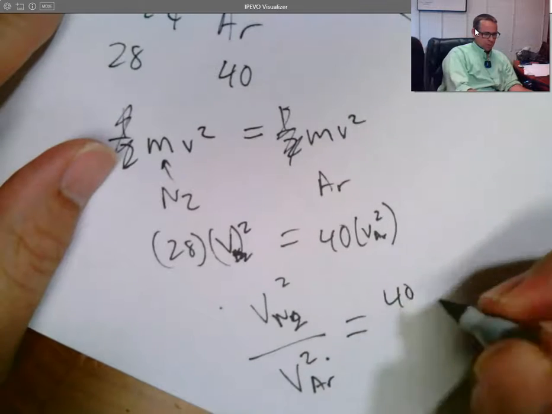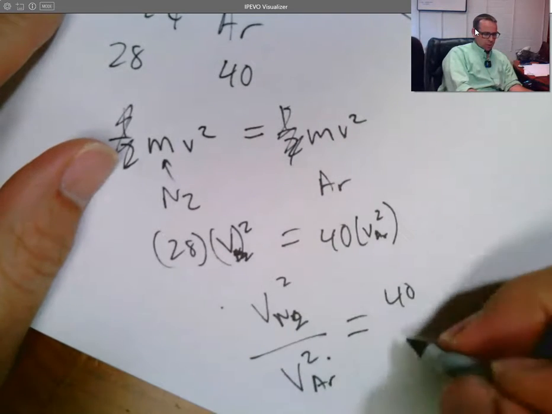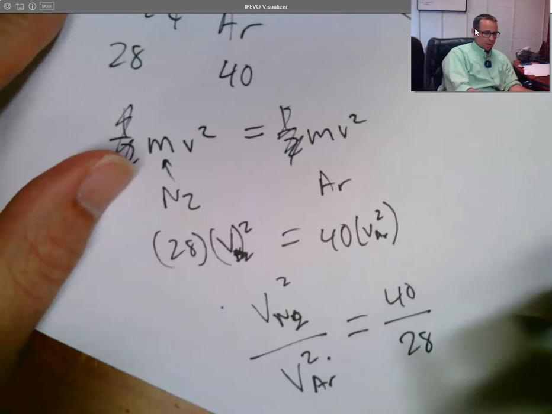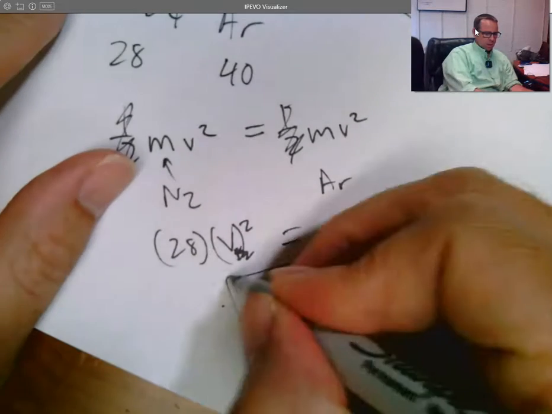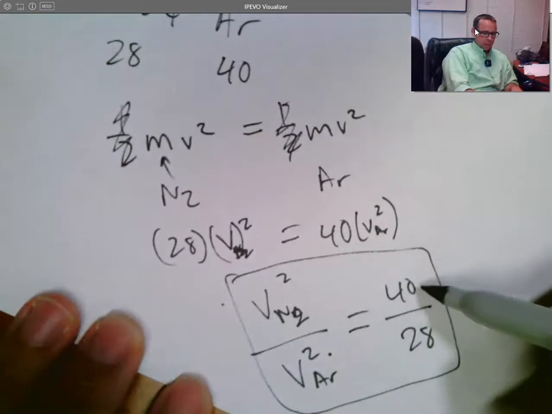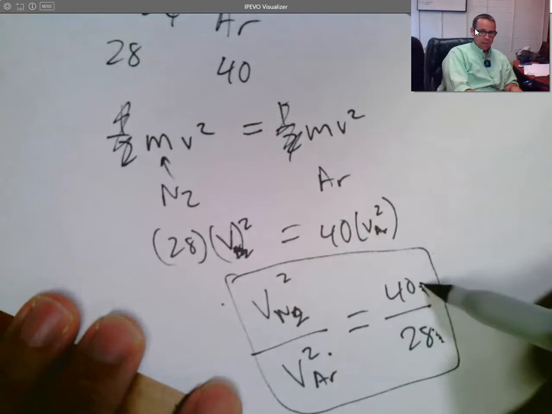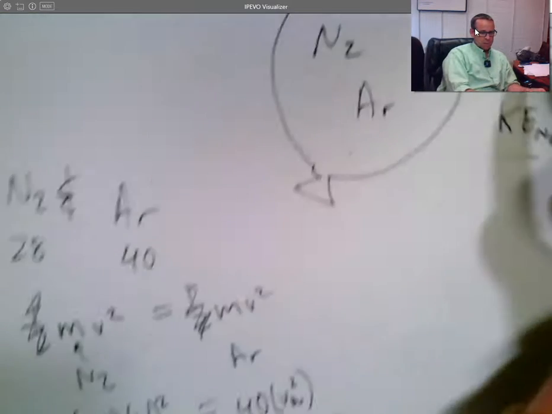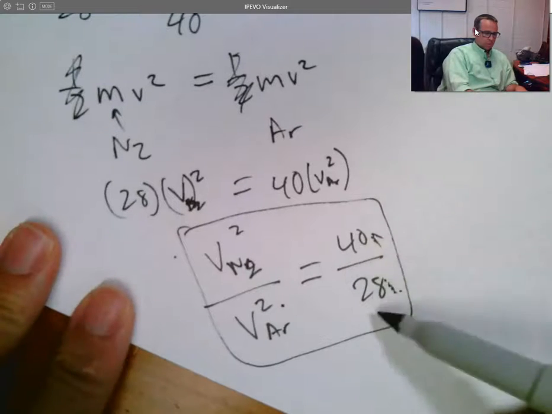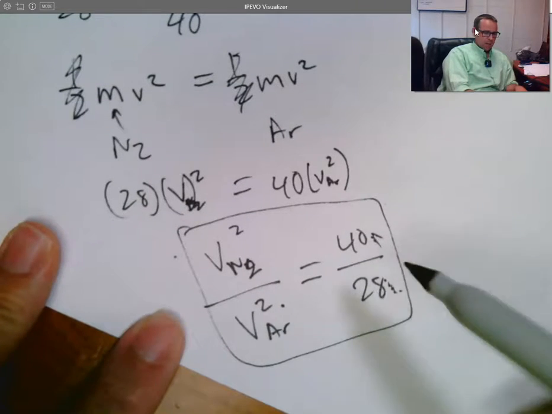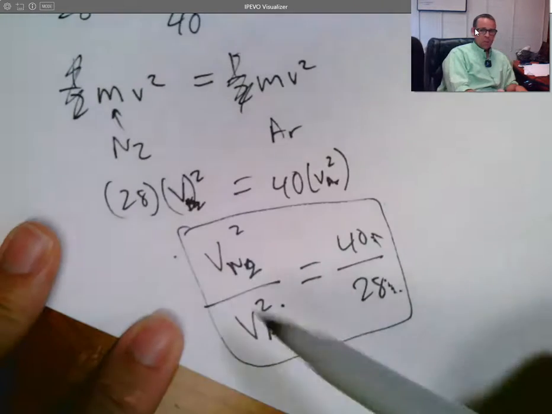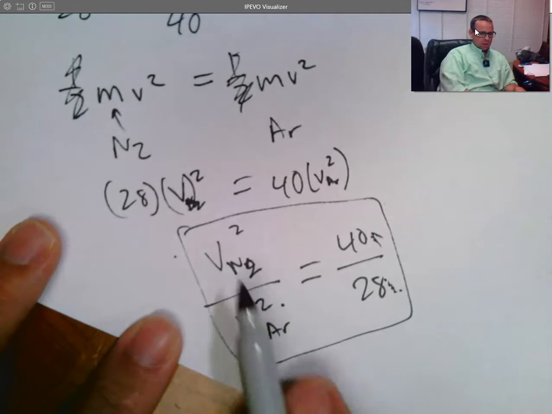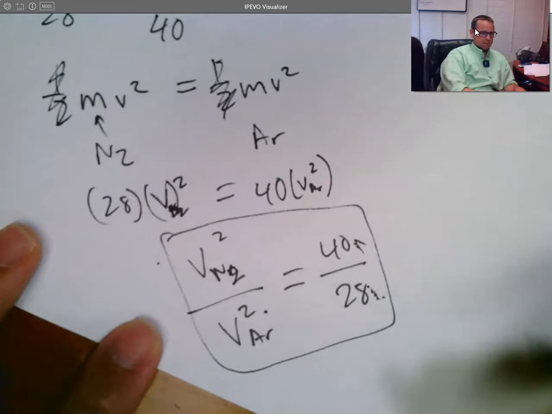I have the 40, which is the mass of the argon, over the 28, which is the mass of the nitrogen. And I have an equation here that allows me to relate the mass of the different gases in that confined location at the same temperature. Their masses, I can relate those to the velocities of those different gases.